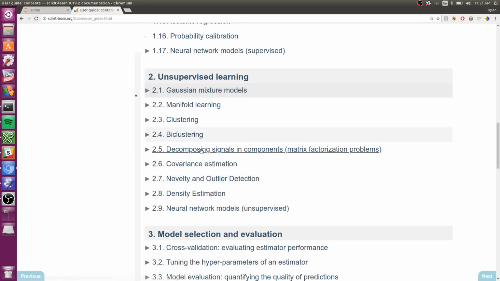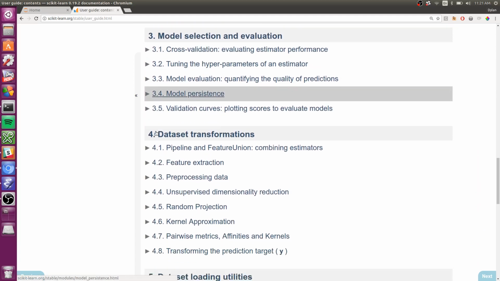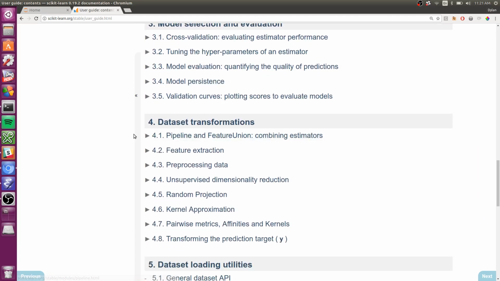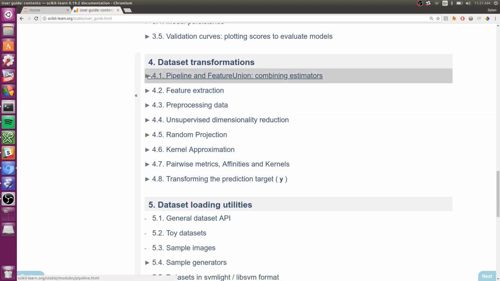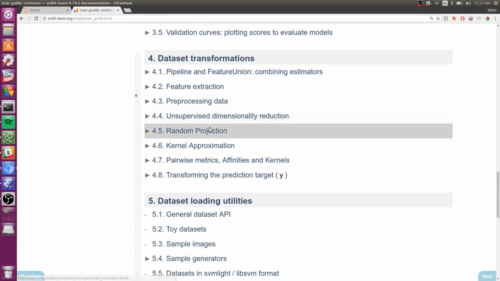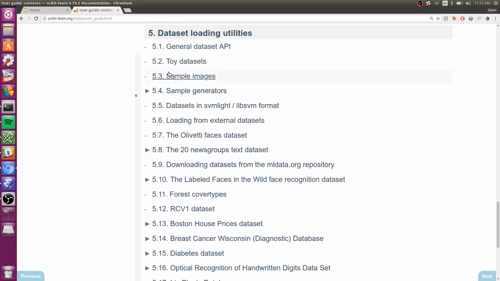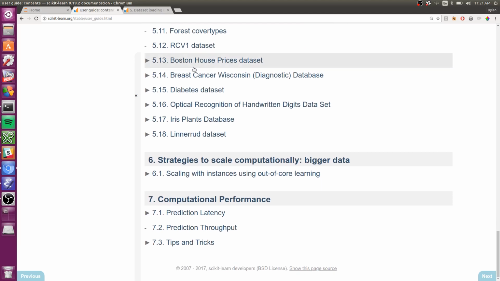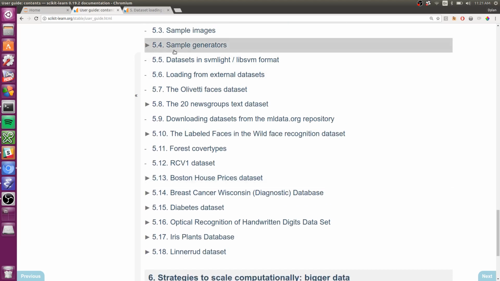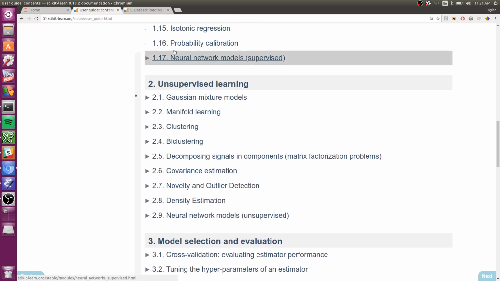I'm not going to talk about unsupervised learning. They have model selection, which I'll be giving a lecture on next week. Transformations, which will be among the things we talk about today, as well as a guide to datasets included in sklearn. So really great documentation.